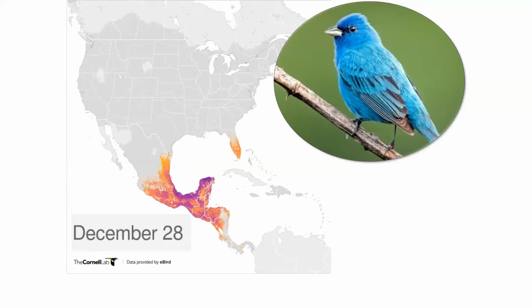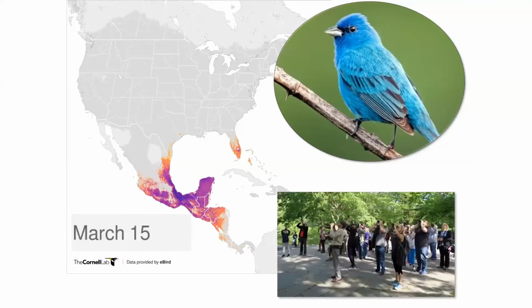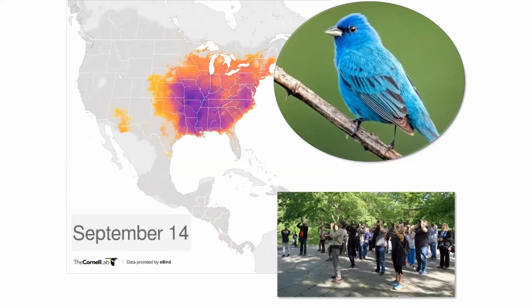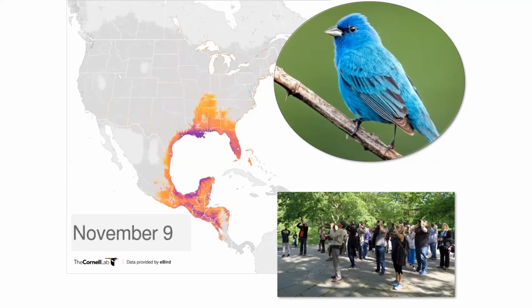Now, this cool animation that I just played for you, showing where on average indigo buntings occurred every week of the year, that animation, of course, is due to thousands upon thousands of citizen scientists, bird watchers who contribute their observations to the eBird project, right?